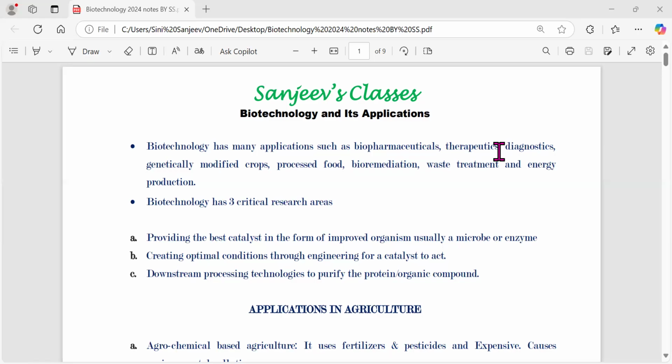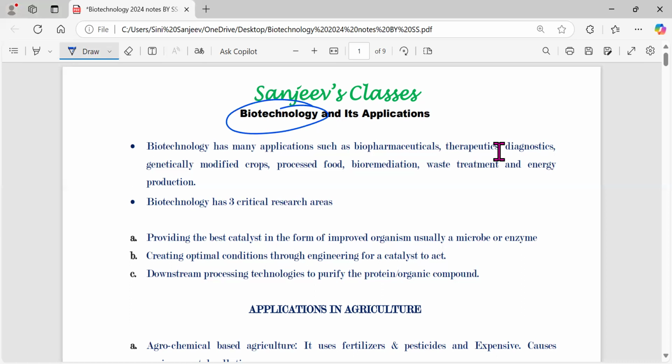biotechnology. Okay, so usually this is a particular stream which uses biology as well as technology together. Because of that, the outcome it gives you is more compared to what is given individually by biology and technology. This is usually used on an industrial scale to obtain major production.